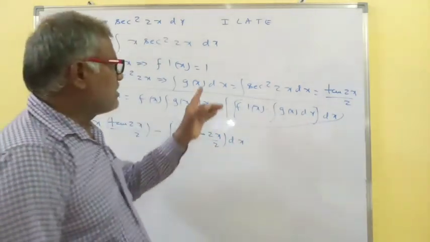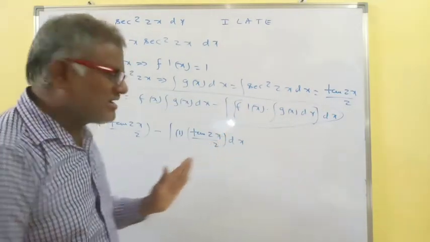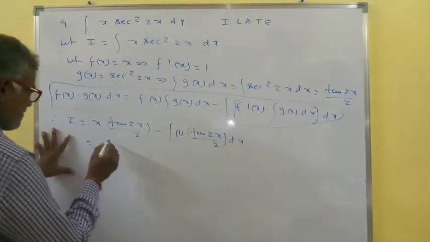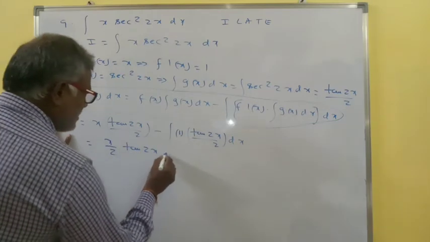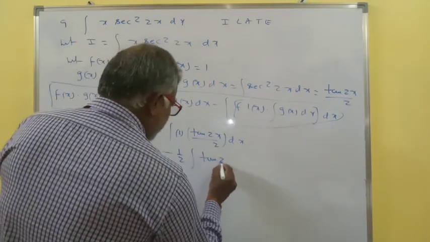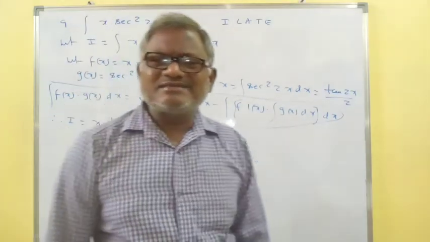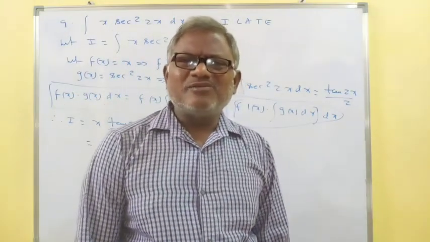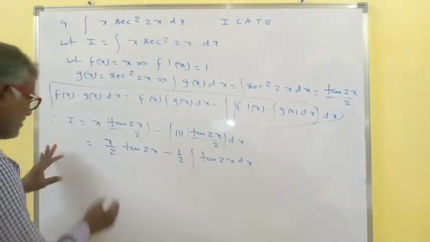When you evaluate separately, it is very convenient and easier. x by 2 into tan 2x minus 1 by 2 into integral of tan 2x. Now, what is the integral value of tan x dx? Log of modulus secant x. Here 2x is there, so divided by 2.